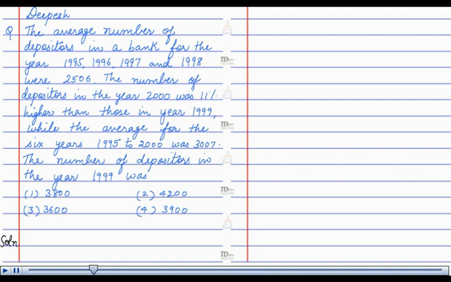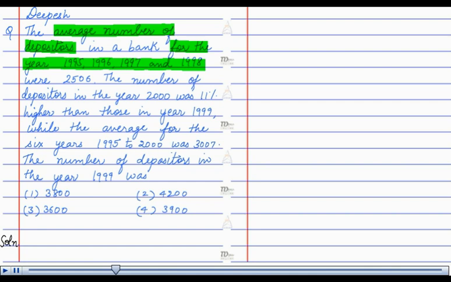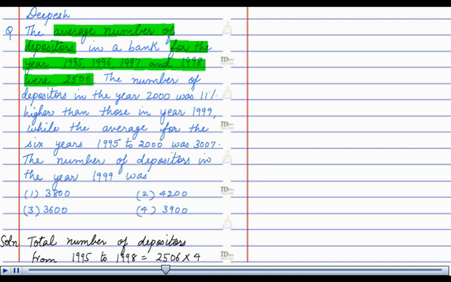As it is given in the question, the average number of depositors for the years 1995, 1996, 1997 and 1998 were 2506. Therefore, the total number of depositors for these 4 years are given by 2506 into 4, that is 10,024.